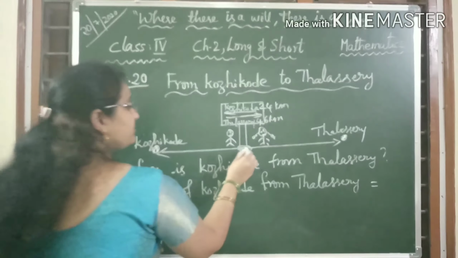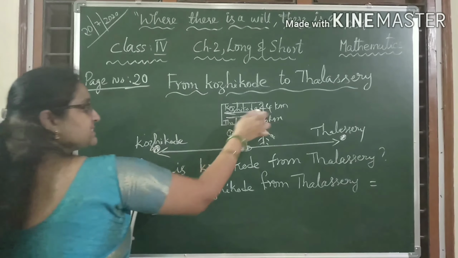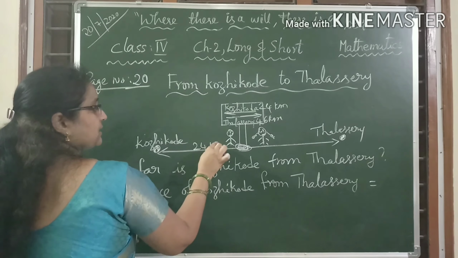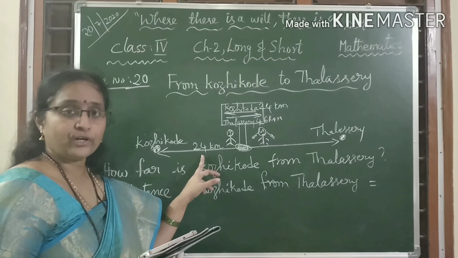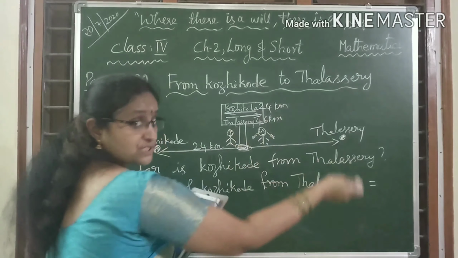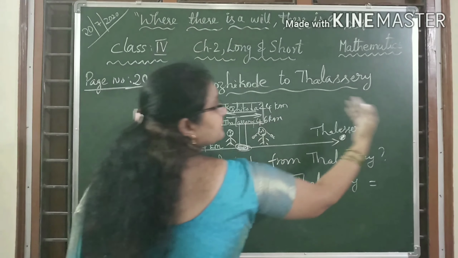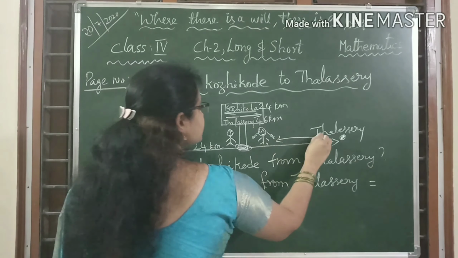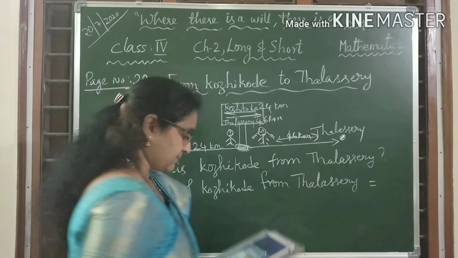See here, from this point, Subodh is going to Kozhikode. What is the distance here? 24 kilometers. From this point, Kozhikode is 24 kilometers. Manjani is going to Talsari in the opposite direction. Means Subodh is going this side, Manjani is going to that side. So the distance here is 46 kilometers.